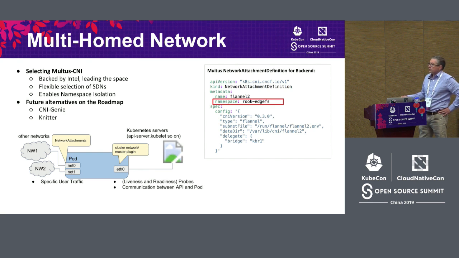You can do not just Flannel, you can do Calico, you can do others, you can do DPDK, SR-IOV, all sorts of things with Multus. It enables namespace isolation. This is an important feature because whatever you define in this namespace will be a network just for this namespace, and other pods will never be able to get the same IP address from this network. So it's totally isolated, on totally different networking devices.